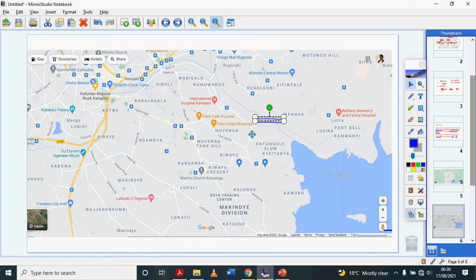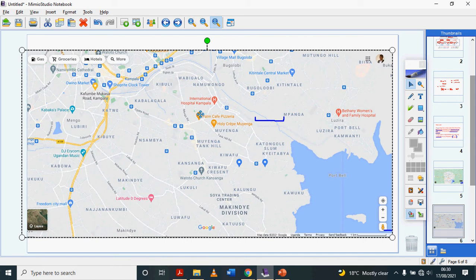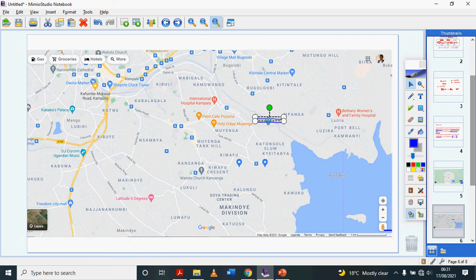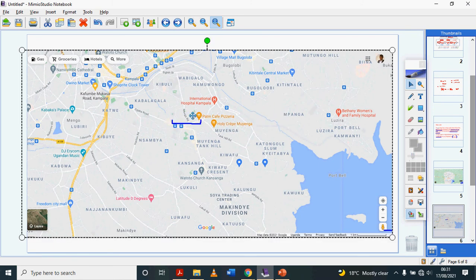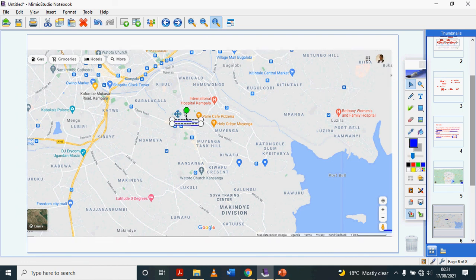on the actual ground. I think it's pretty accurate because I have Palm Cafe here, and I'm going to try to look for something that is close to Palm Cafe. Let me see. Palm Cafe and IHK. Yeah, Palm Cafe and IHK.